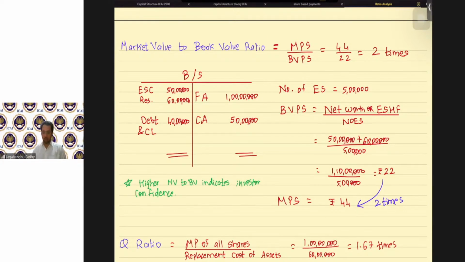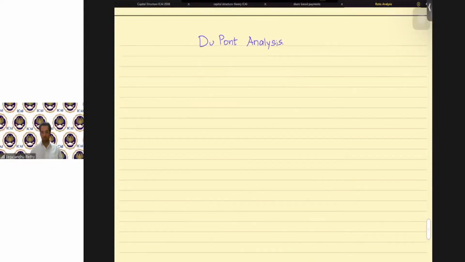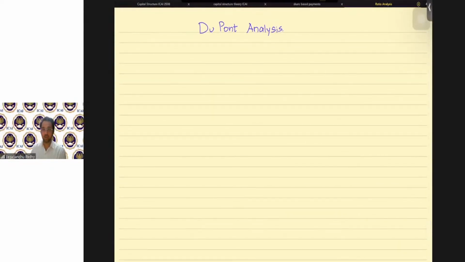Now it's time for us to look at a really interesting topic called the Dupont analysis. Let's discuss this Dupont analysis, guys. The Dupont analysis goes into detail on what's happening in the company's balance sheet and P&L, analyzing it in a very detailed manner.